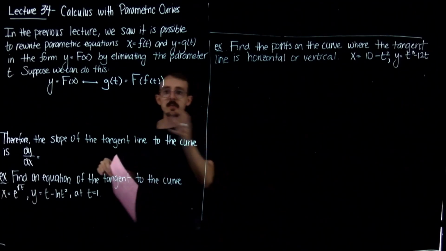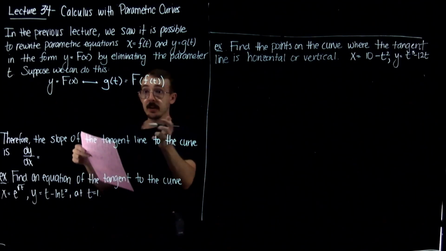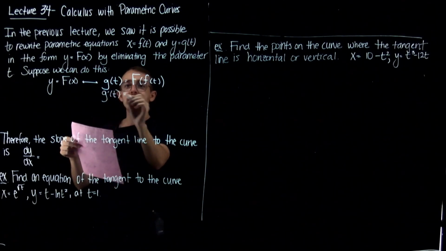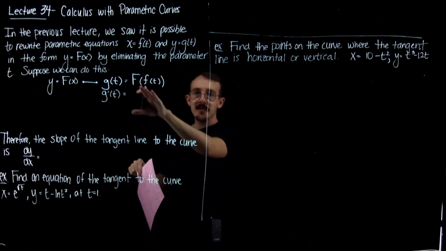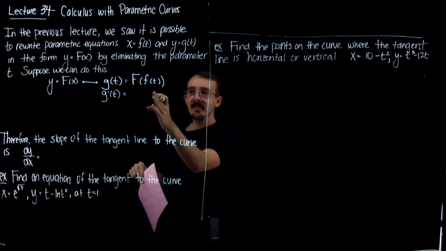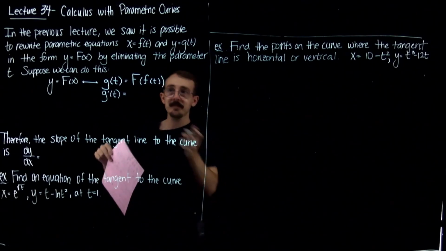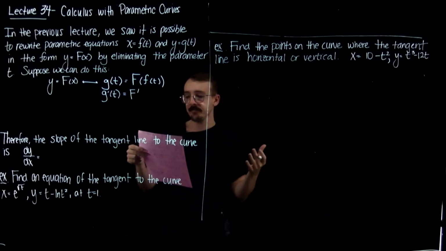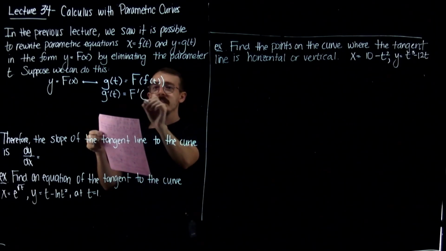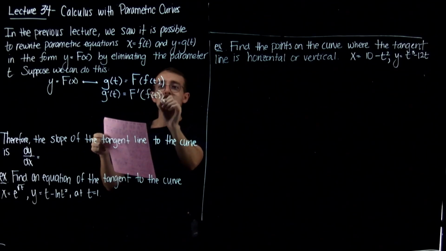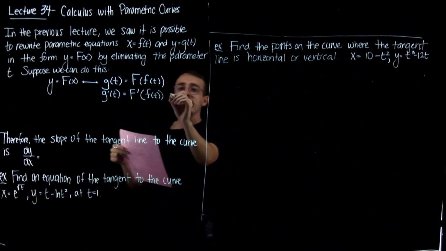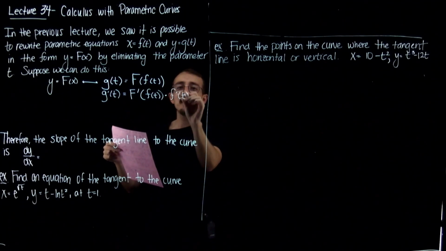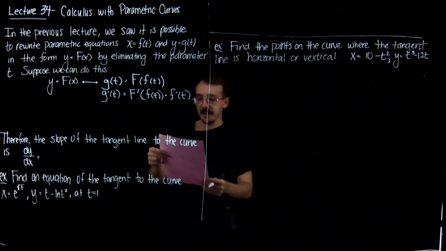Now, let's take the derivative of both sides with respect to t here. So I have g prime of t equals, and then how do you find the derivative of this composition of functions? Well, from Calculus 1, we have the chain rule. So you do the derivative of the outside, which is capital F prime. And then we leave the inside alone. So this is lowercase f of t inside here. And then the chain rule part here is we do the derivative of the inside, which is little f prime of t.